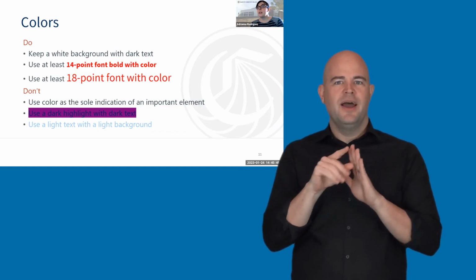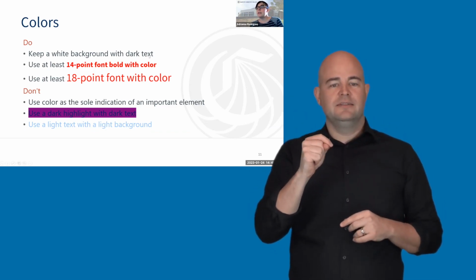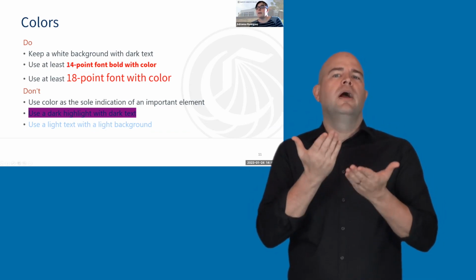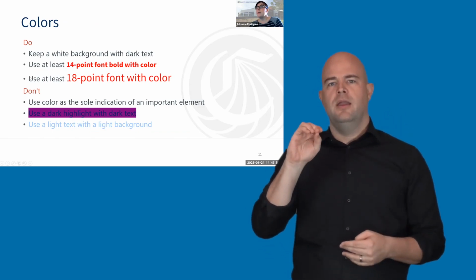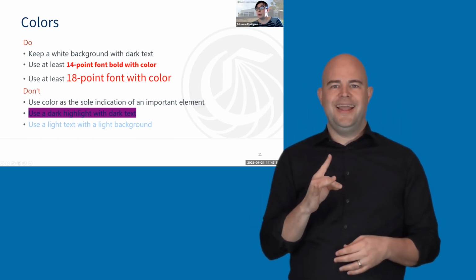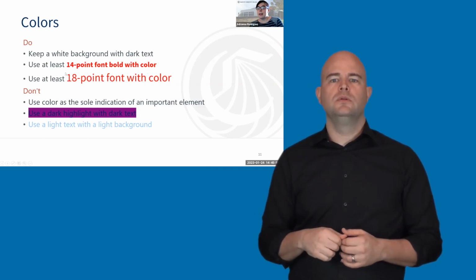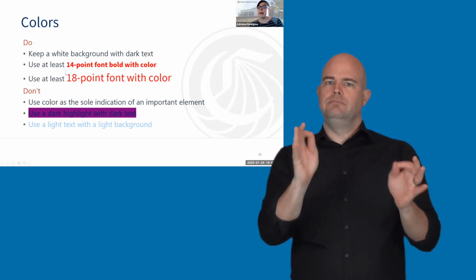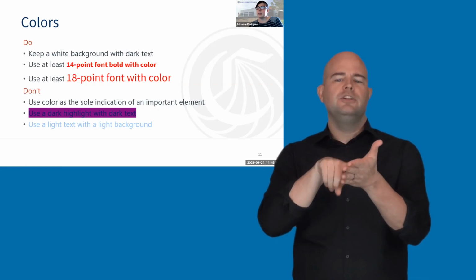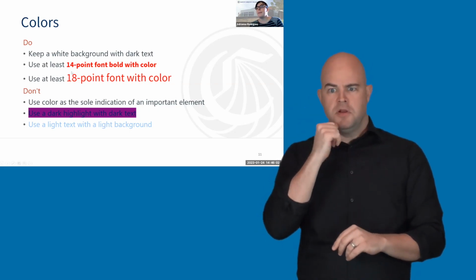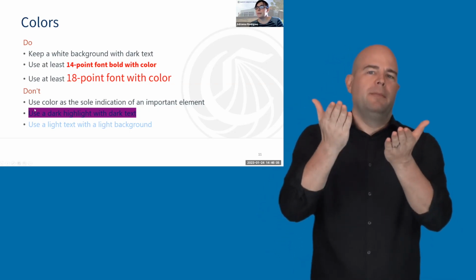So you want to keep with dark text. If you're using color, we recommend 14-point bold font or 18-point font if it's not bold. That's not an absolute, the accessibility checker won't flag it if it's not 18-point, but it's just a recommendation.